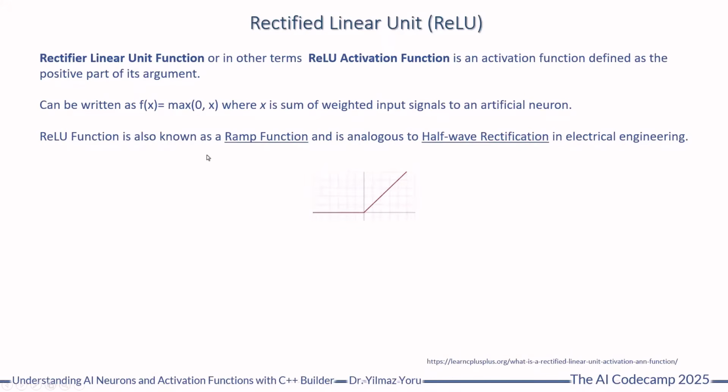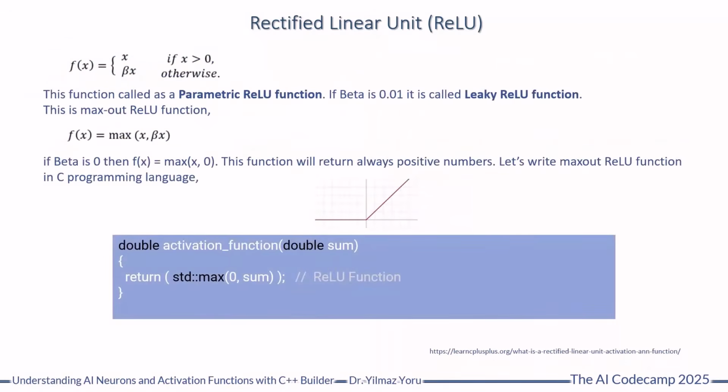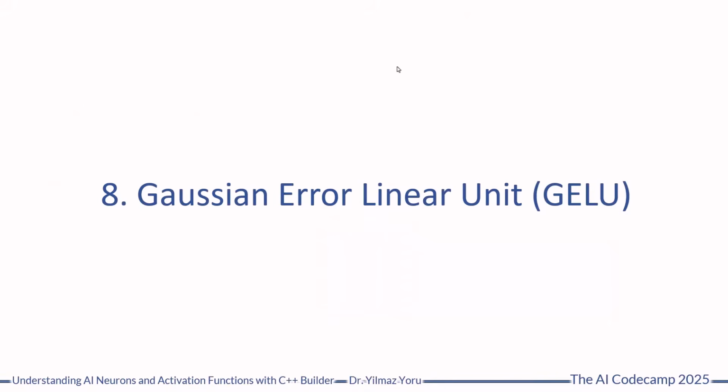The ReLU function is also known as a ramp function in engineering. And there is also a parametric ReLU function with beta, and here is a very simple C++ example below for the ReLU function.